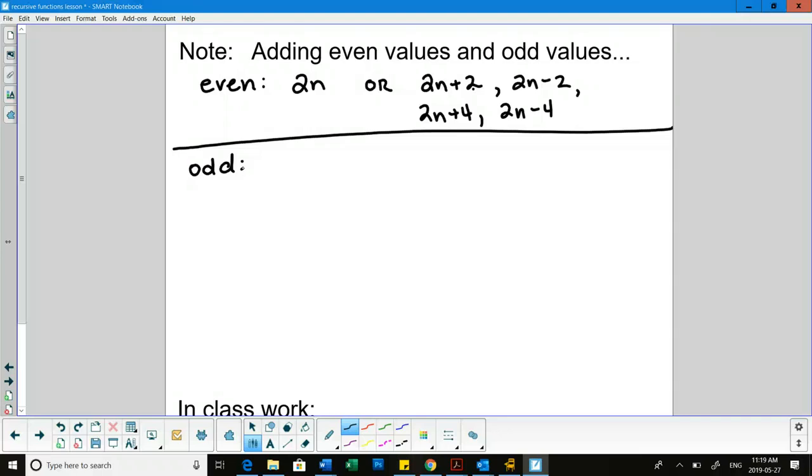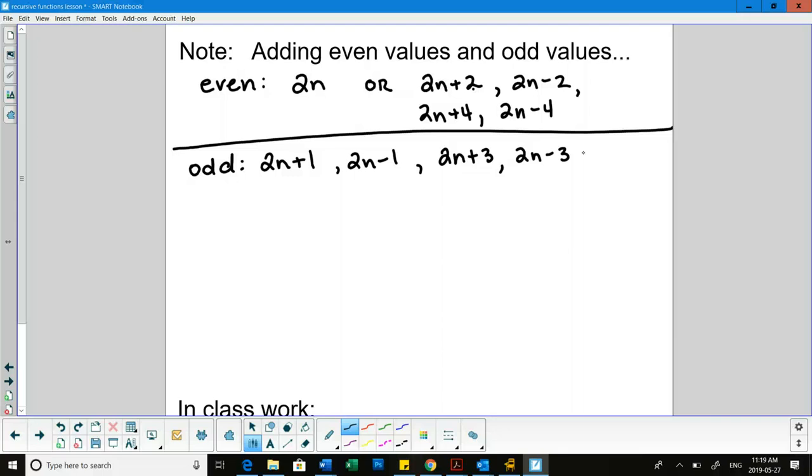So if an even number is 2n, how do I create an odd number? The simplest one is just 1 more than an even number. I could also do 1 less than an even number, but like Derek said, I can also do plus 3 or minus 3, or plus 5, minus 5, that kind of idea.